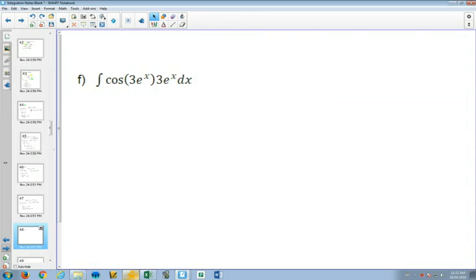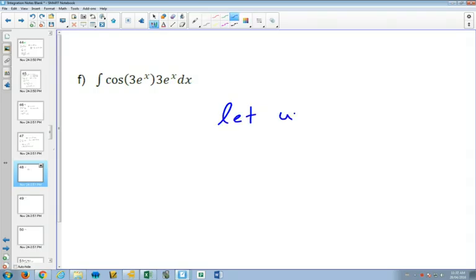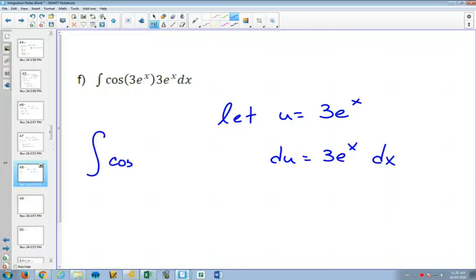And I'll let you try this one. So here the function inside is 3e to the x, and the derivative of that is 3e to the x. So substituting back in just gives you cos u du.